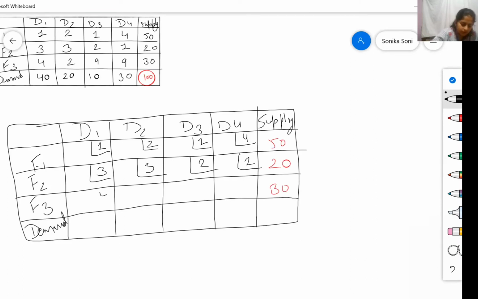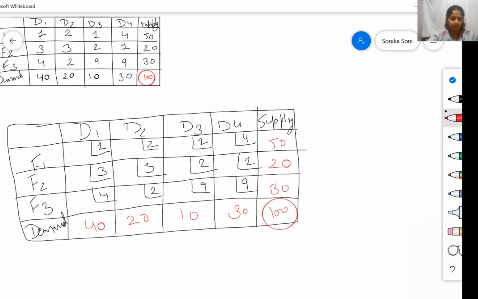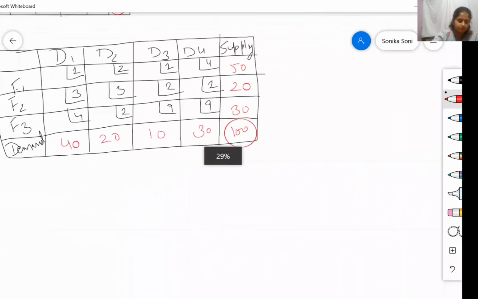Then for F3 we have 4 as F3D1, 2 as F3D2, 9 as F3D3 and 9 as F3D4. Then we also have demand here 40, 20, 10 and 30. We also saw that demand is equal to supply. Now we will draw the penalty rows and columns.